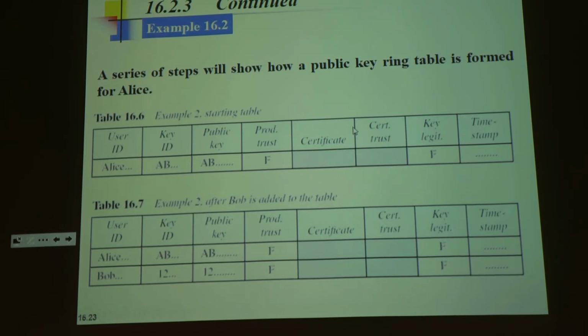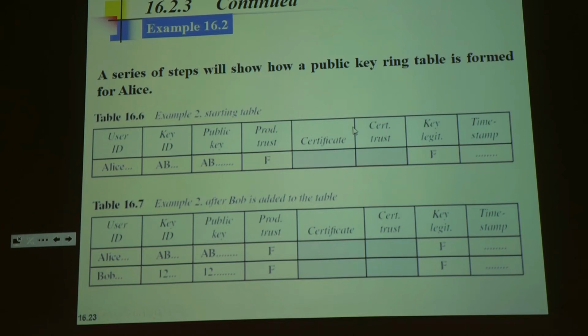Alice, of course, trusts herself fully. The producer trust level is also full, and so is the key legitimacy. Although Alice never uses this first row, it is needed for the operation of PGP.